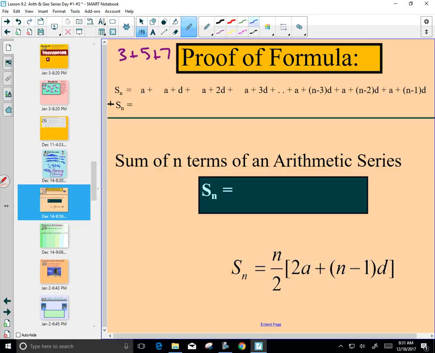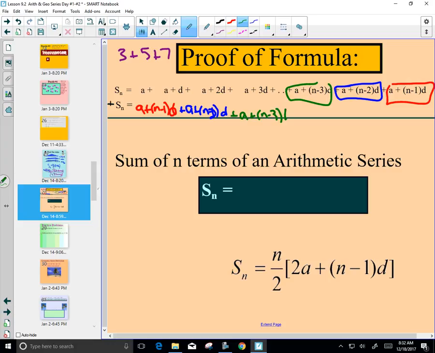You're going to take this last one and put it first. So we're going to have a plus n minus 1 times d. Then I'm going to take this one and put it second: a plus n minus 2 times d. And then I'm going to take the third one, which is a plus n minus 3 times d.